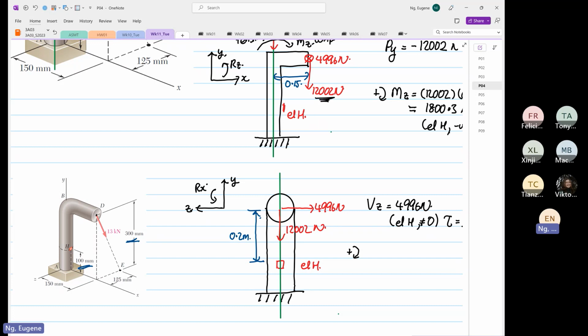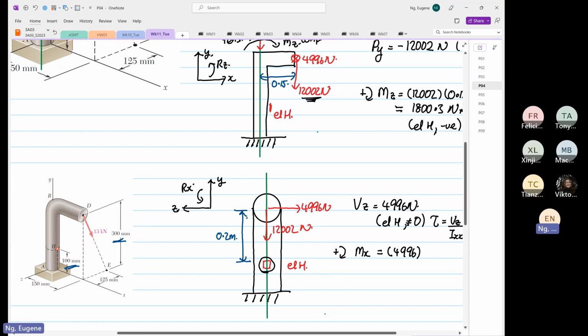So we have moment X, taking moment at the element, equal to 4996 multiplied by 0.2, which is equal to 999.2.